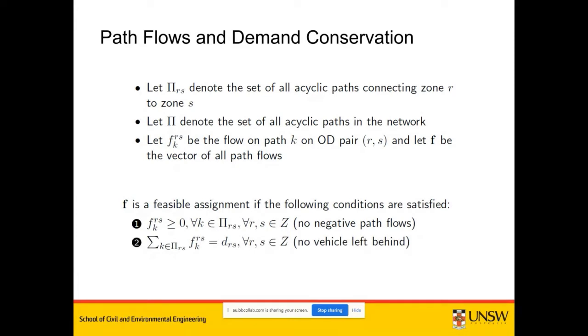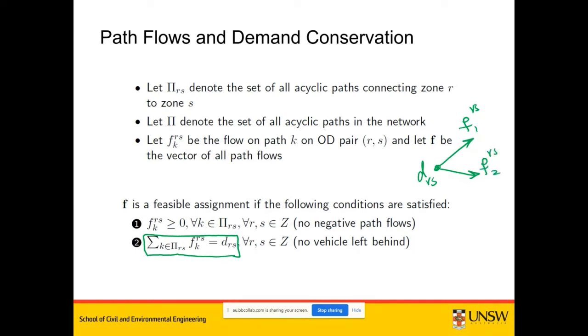The other condition to meet is that no vehicle is left behind, meaning that the summation of the path flows must be equal to the demand. This is basically the same thing we did in the simultaneous equations. If this was my origin, imagine this is the demand going from R to S, and this is my F_RS^1. Sorry, the 1 should be on the bottom.